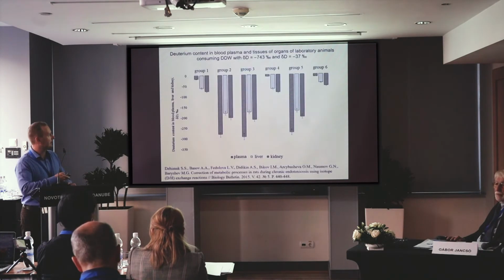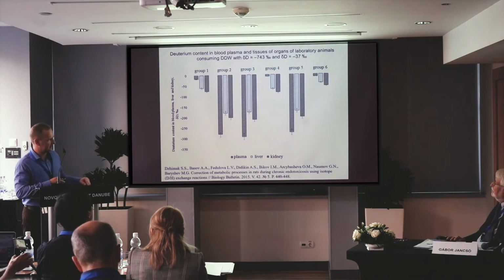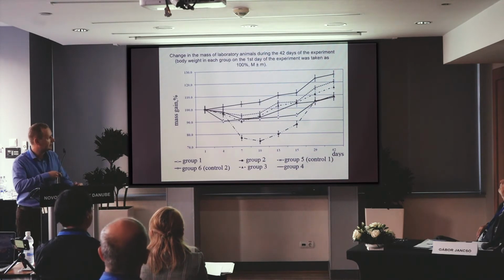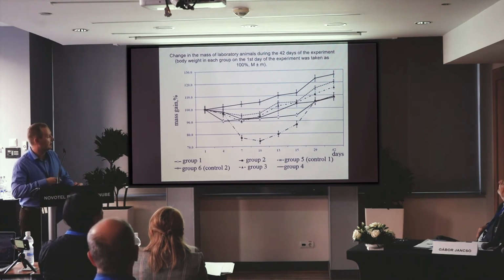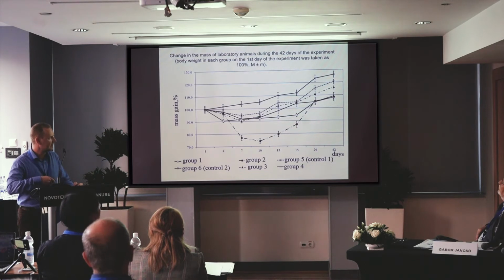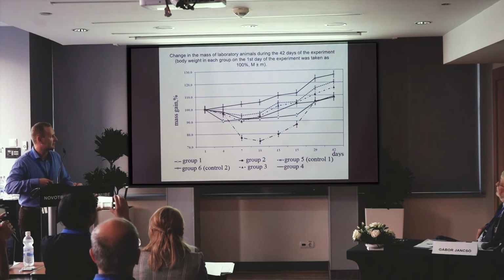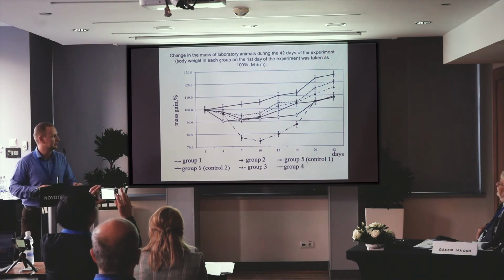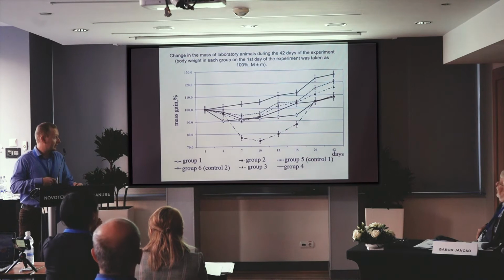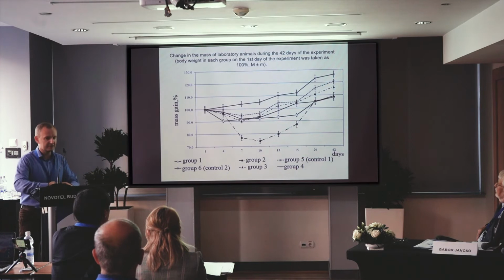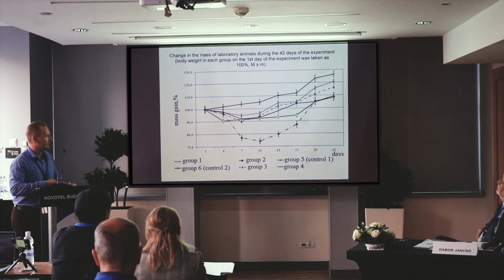And here the deuterium content is not too interesting in different groups, but the change of the rats' mass is. This one is the group that started to drink deuterium-depleted water and started the experimental modeling of endotoxicosis at the same time. We see the mass goes down much.